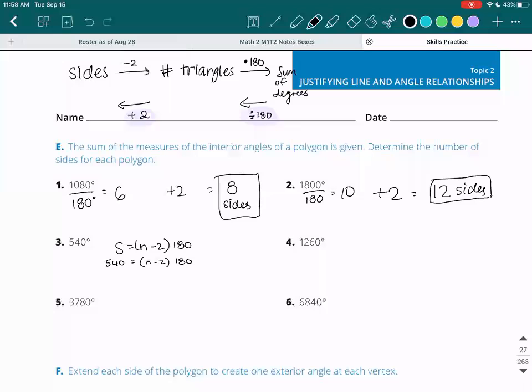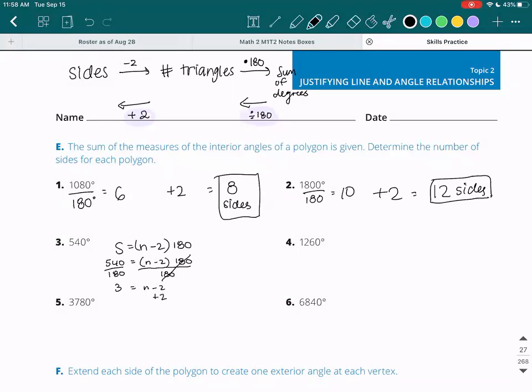To solve this, you would first divide both sides by 180. See, our first step is still dividing by 180. So what's 540 divided by 180? 3, good, is equal to, those cancel out, you just get n minus 2 left over. And then remember we said our second step was adding 2.